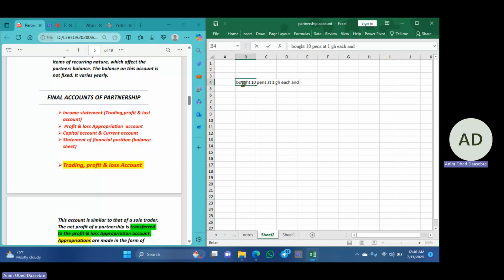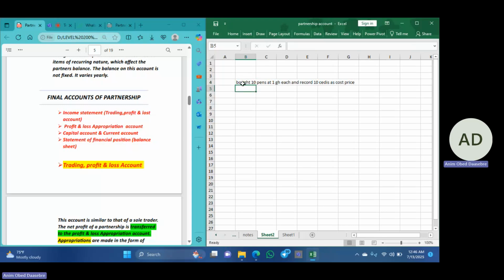So in all, we are going to record 10 cedis as cost of goods sold, as cost price. You get it?